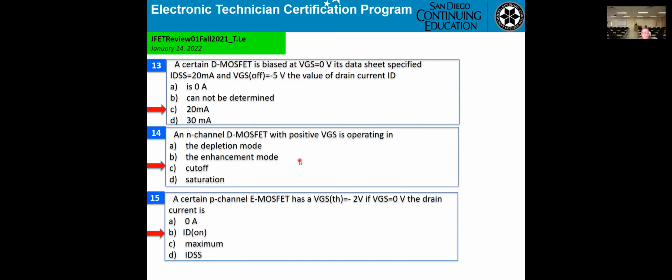In depletion VGS will be negative, and positive, they will be in enhancement.